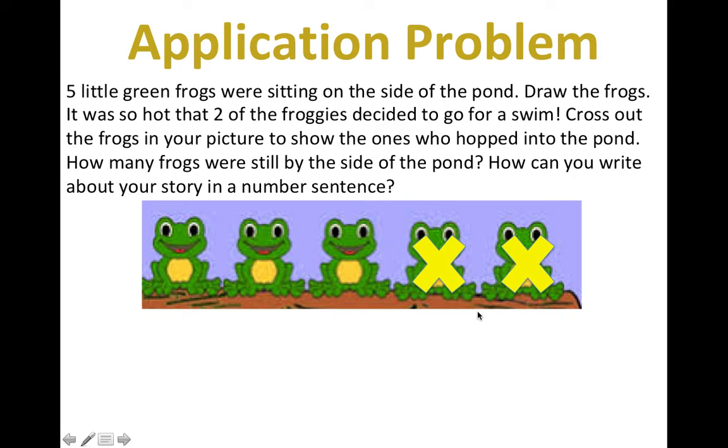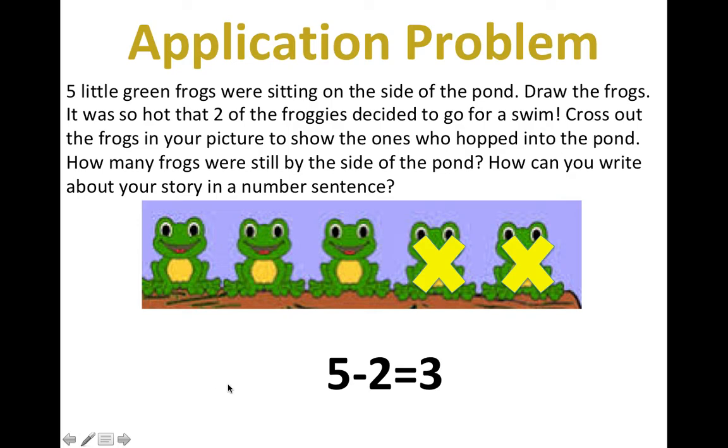So we know that this is a subtraction problem. So the number sentence looks like 5 minus, to show go away or subtraction, we use the minus symbol. And then we decided that 2 of them went away. So we have 5 minus 2 equals 3.